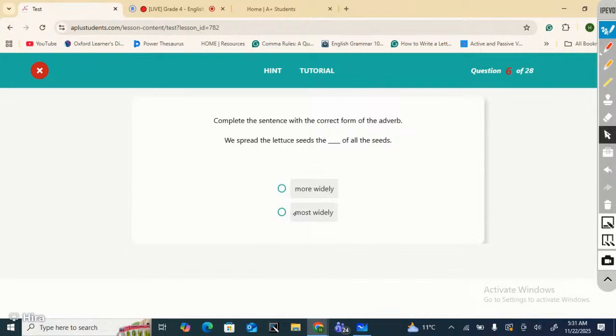The blank of all the seeds means how all the seeds were spread. So it is how more than two actions are compared. So I choose the superlative adverb, most widely. We spread the lettuce seeds the most widely of all the seeds.